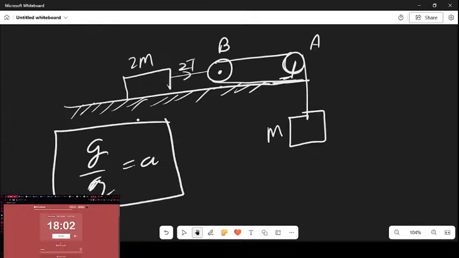No, I need to solve. I mean, you can just get it easily. Yo, what? 2G by 3. Now, it states that it's 2G by 3.